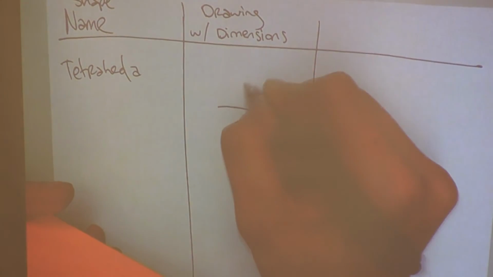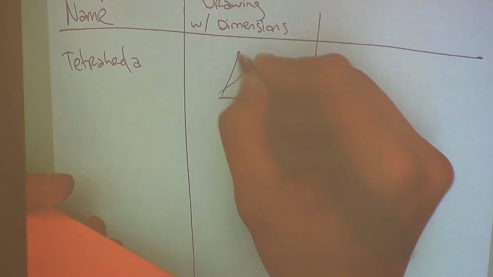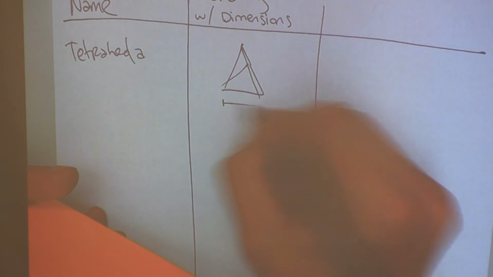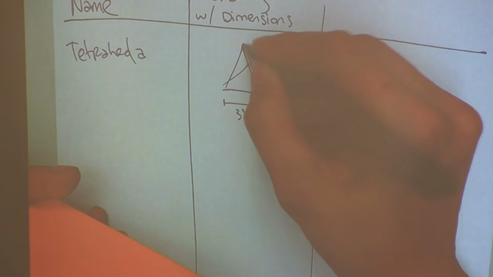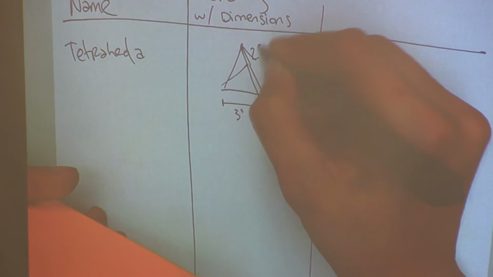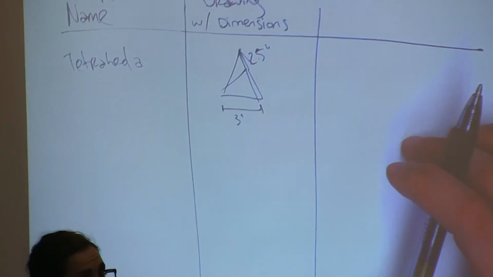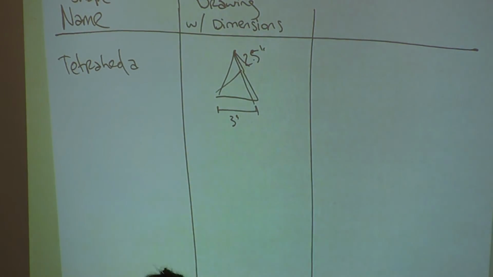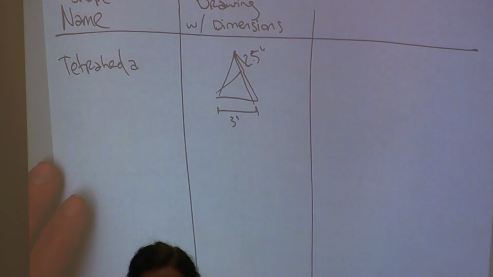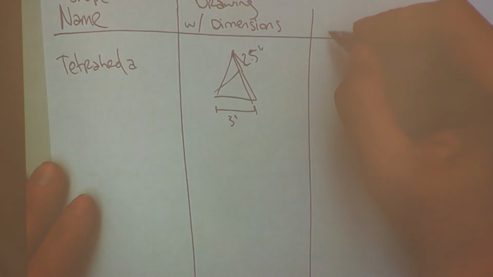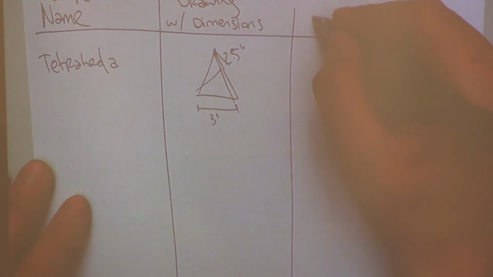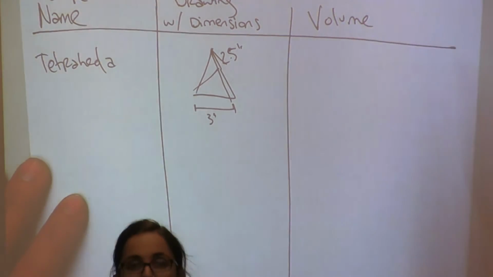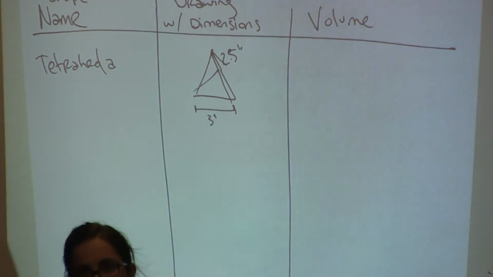I would draw it like this, except I can't really. I would draw it, and I would label it like, oh, this is 3 inches, and this here is 2.5 inches. Okay? So I would label it. Examples are nice. And then, oh, you have a pyramid. And then this is going to be the volume, where I'm then finding the volume of said shape.